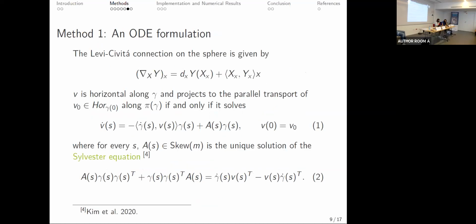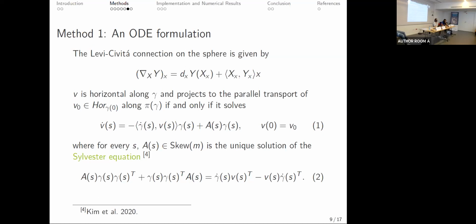Then there is a more descriptive formulation of these conditions for a vector field to be the parallel transport. The second condition, sorry, could be rewritten as a differential equation. And to verify all the other conditions, we need a more explicit description of this vertical condition.